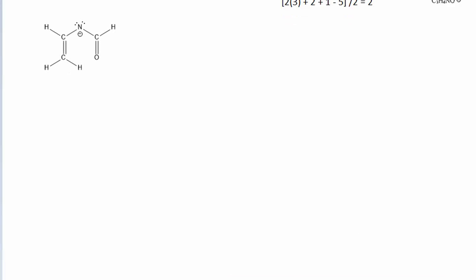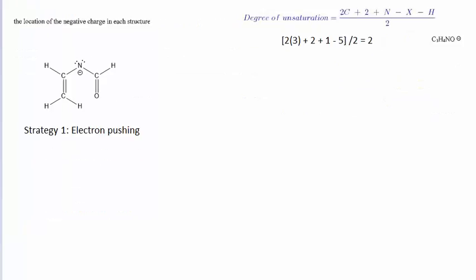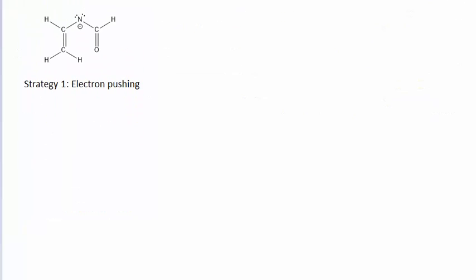Here there are essentially 2 ways that people commonly do it. The first strategy is what we'll call electron pushing. This is the bread and butter of organic chemistry. This is the traditional method. The rules of electron pushing generally go as follows, and there are quite a few of them.